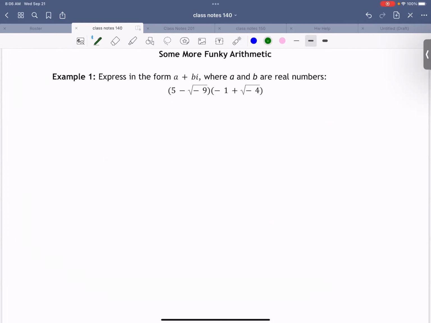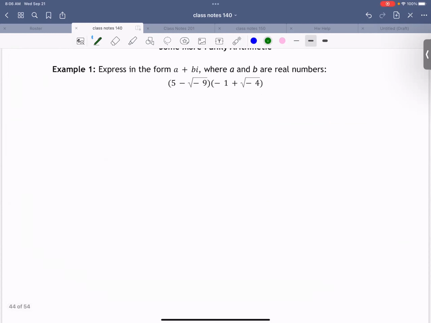So we have 5 minus the square root of -9 minus 1 plus the square root of -4. Now we know that i stands for the square root of -1, right? And we don't see that there. Any ideas on maybe what we can do? Separate the square root of -9 and square root of -4.